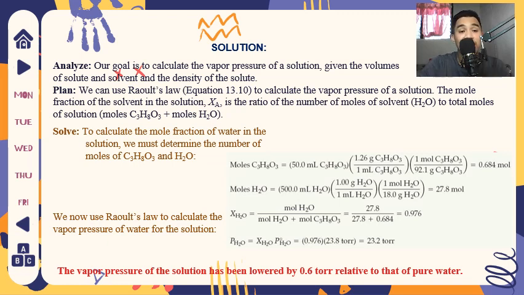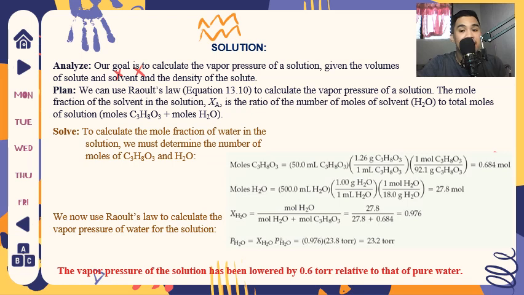The mole fraction of the solvent in the solution, which is X sub A, is the ratio of the number of moles of solvent, which is water or H2O, to total moles of solution, which is moles of glycerine C3H8O3 plus moles of water H2O.